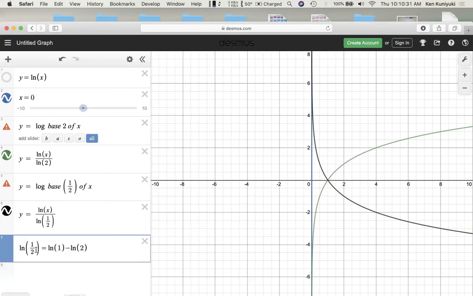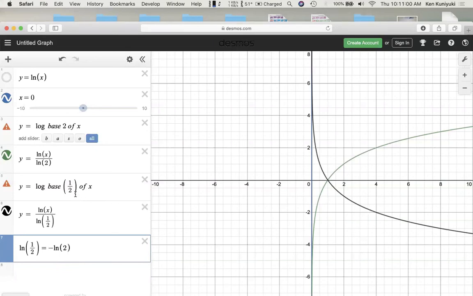That's the quotient rule. The log of a quotient equals the difference of logs. But ln of 1 is what? 0, which we can ignore as a term. So look at this. ln of 1/2 is the opposite of ln of 2. Therefore, 1 over ln of 1/2, the multiplier here, is the opposite of 1 over ln of 2, the multiplier here, which is why these two functions are opposites of one another.